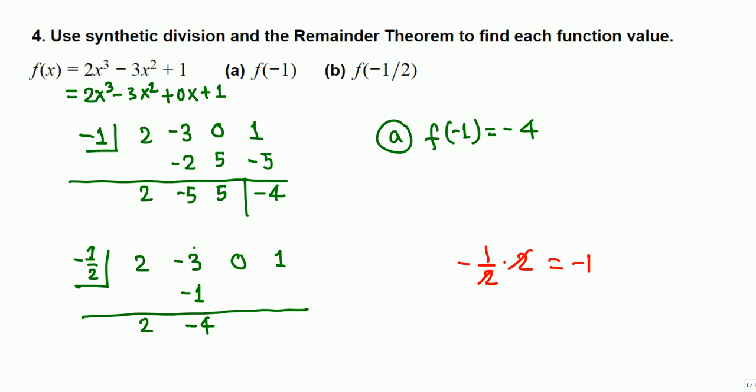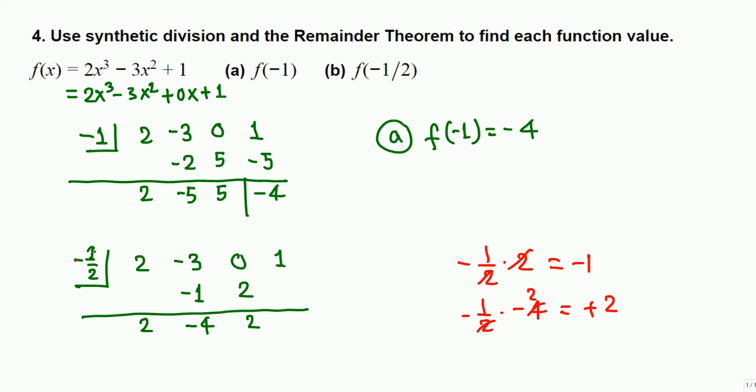We multiply -1/2 times -4, negative times negative is positive, and the 2 goes into 4 two times, so we get 2. So -1/2 times -4 is just 2. 0 plus 2 is 2.